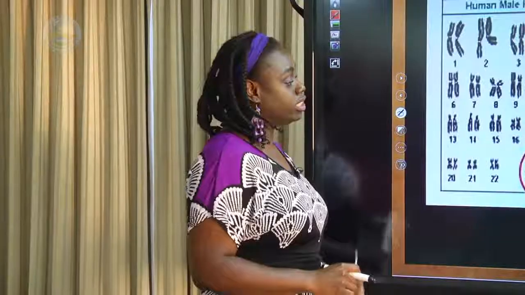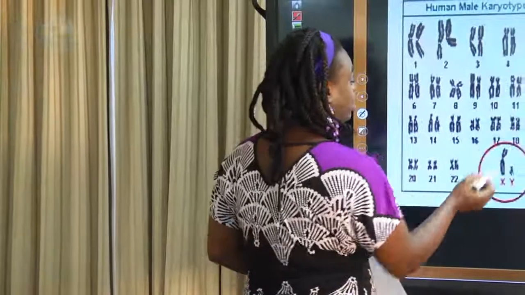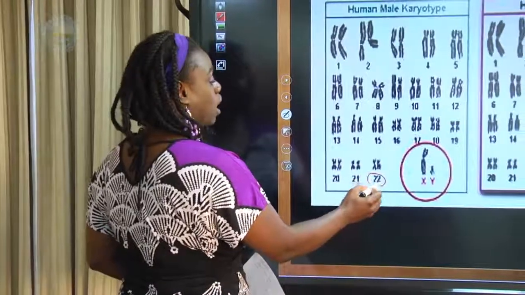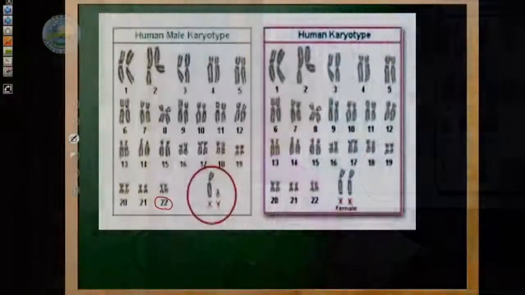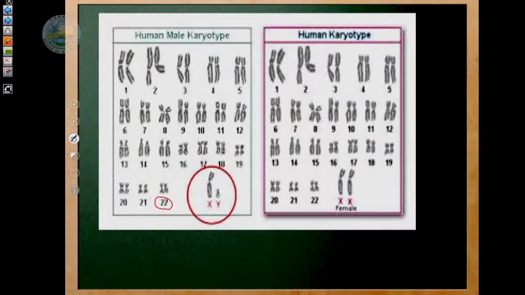So in humans, you will see 23 pairs. As I said, the first 22 are your autosomes, and your 23rd pair, you will notice, would either be homologous, like these, meaning that they're the same size, the same shape, or they can be like that, where one is significantly shorter than the other.